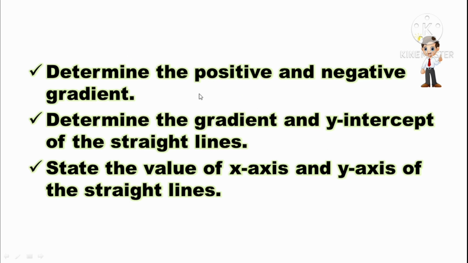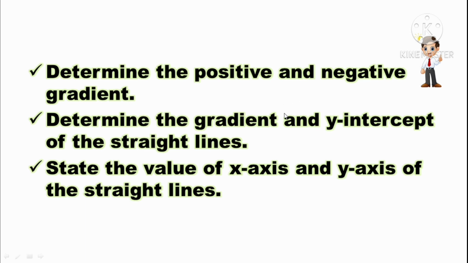So for the gradient, you have to use the formula that is m equal to rise over run, or m equal to change in y over change in x, or m equal to y1 minus y2 over x1 minus x2, right?